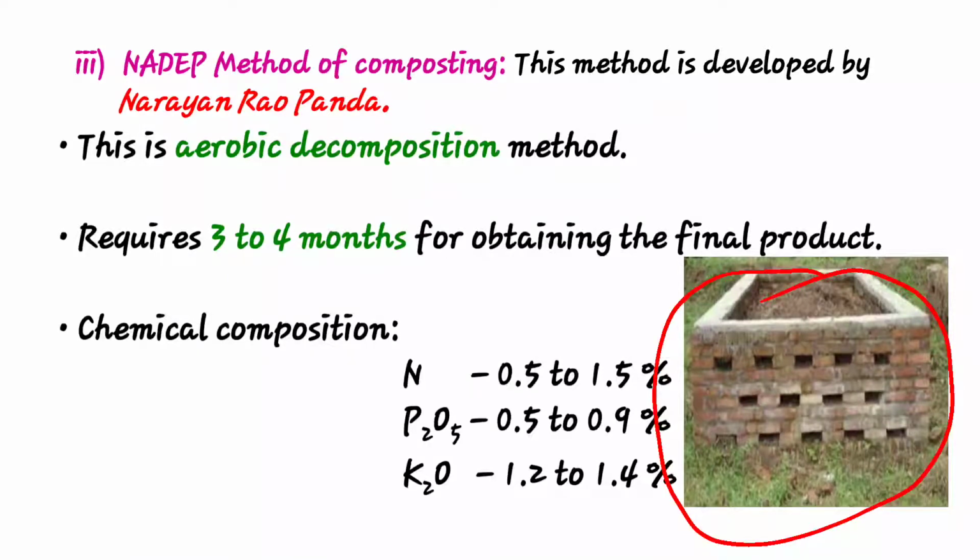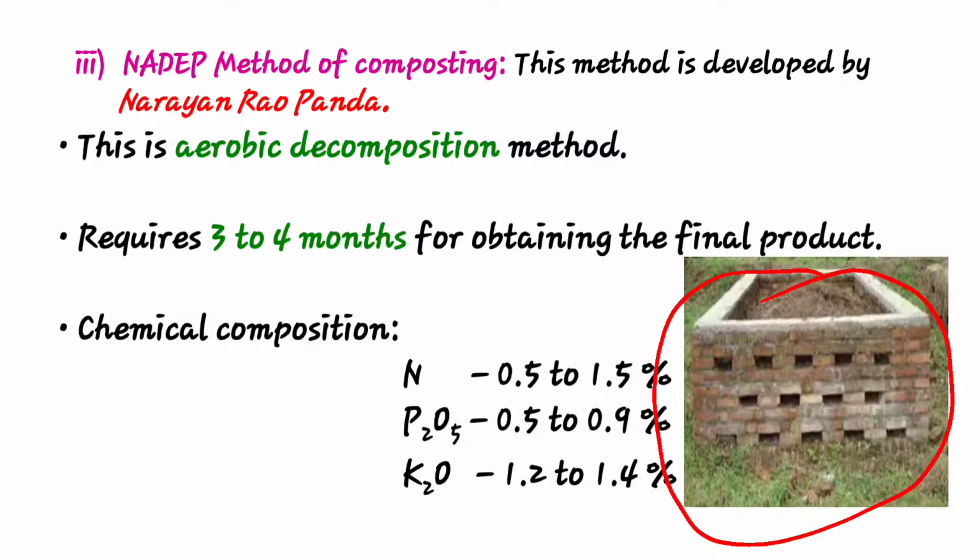After 15 to 20 days the material becomes compact and goes down by 8 to 9 inches. Then fill the tank again and seal it properly. Maintain moisture at 15 to 20% throughout the decomposition process. The process should be completed in 3 to 4 months, meaning compost is ready within 3 to 4 months.